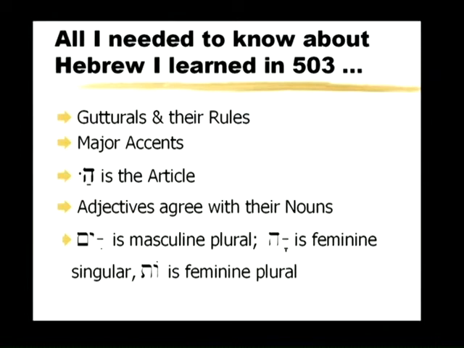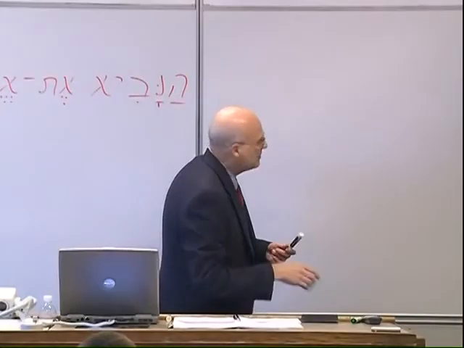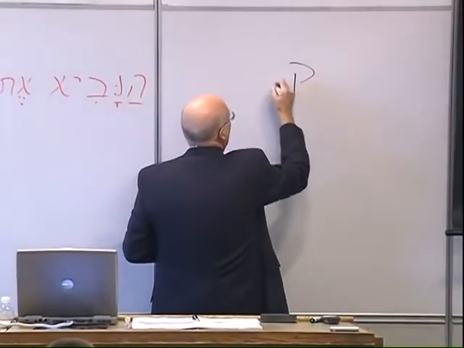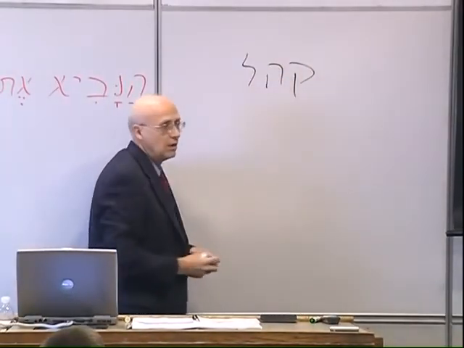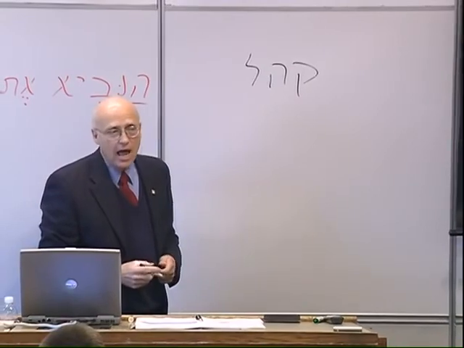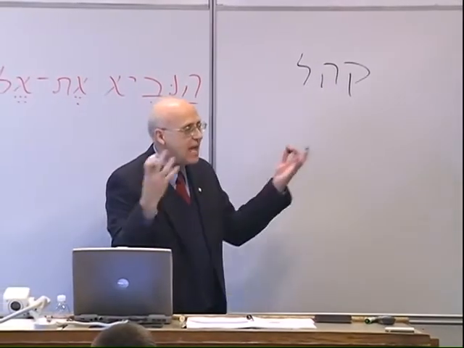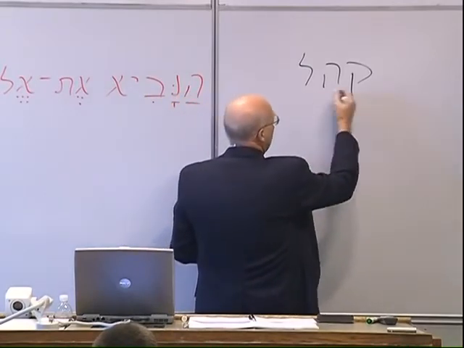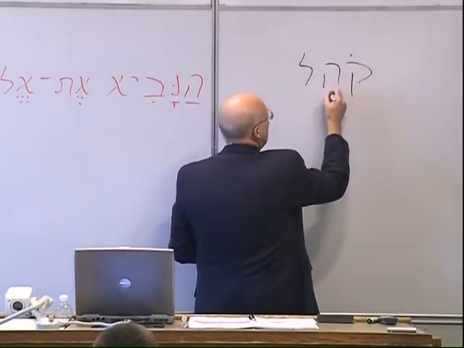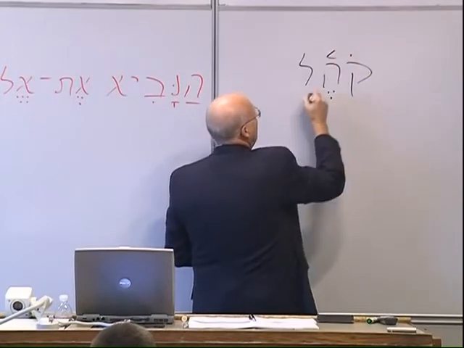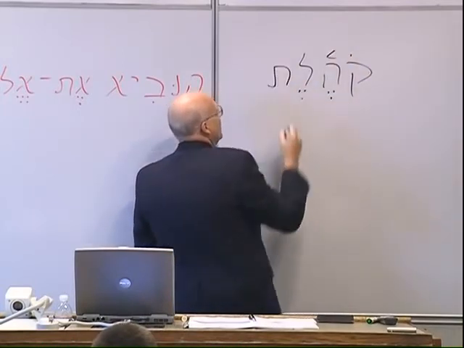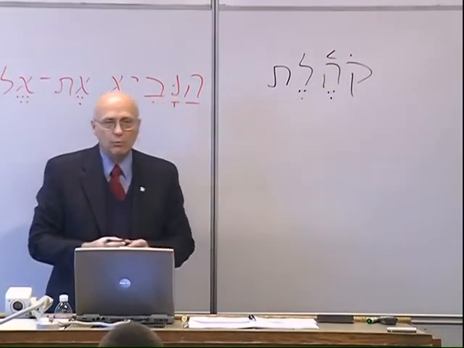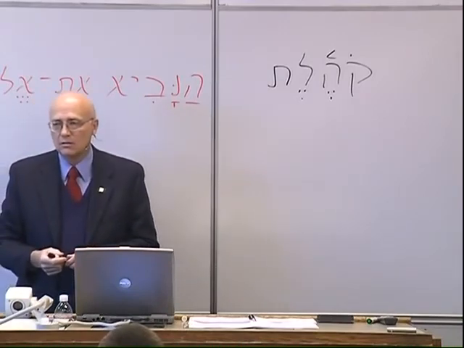What you have there on Kohelet is a qal active participle based on the verb qahal. Qahal means he gathered, he congregated, or he assembled. And so we have Kohelet, which is the Hebrew name of the book of Ecclesiastes.